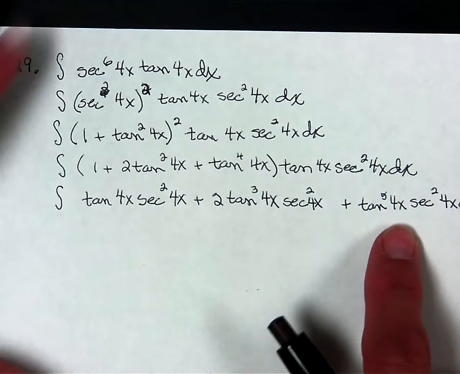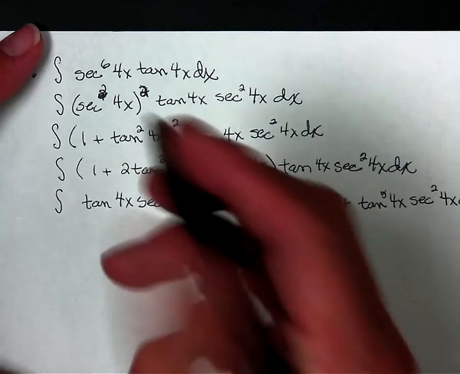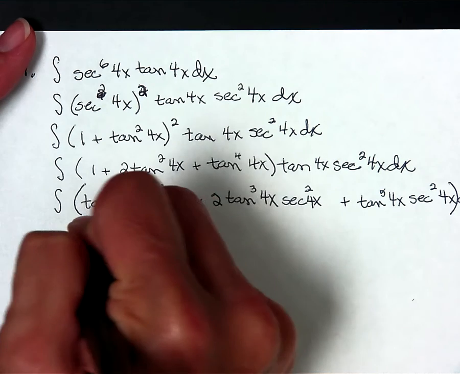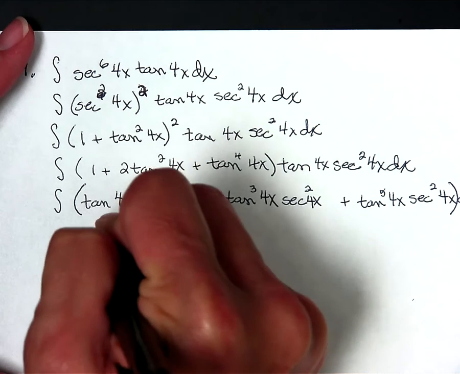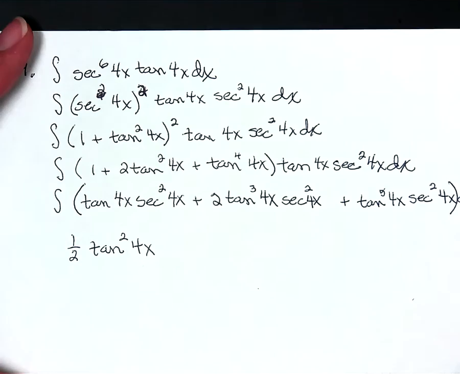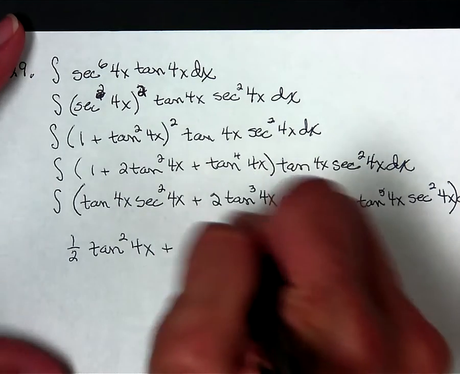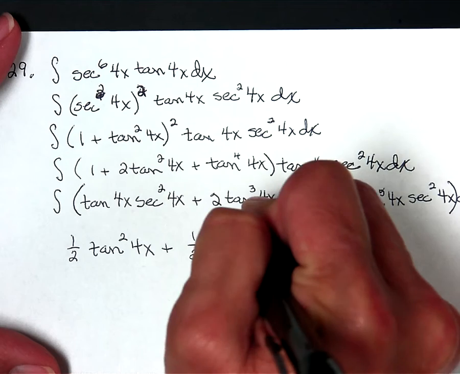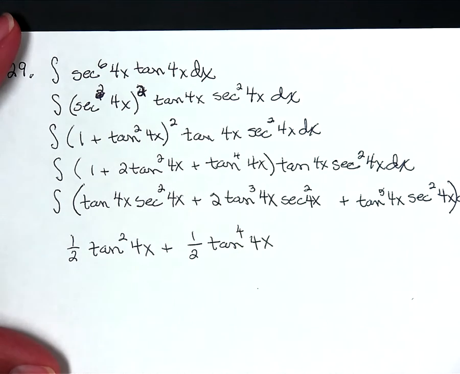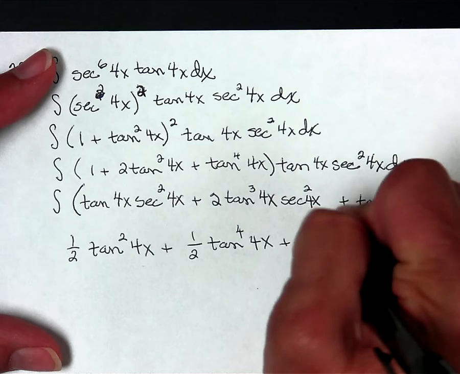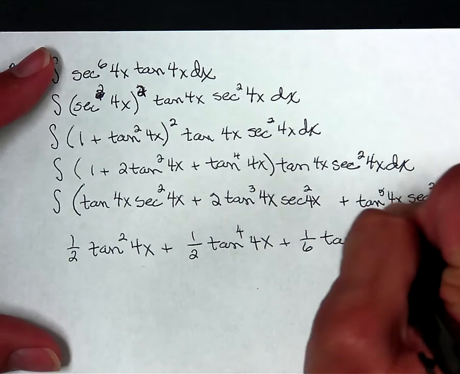Yes? So this first term would be 1/2 tangent squared 4x, and the next term is going to be 1/2 tangent to the fourth 4x, and the last term is going to be 1/6 tangent to the sixth 4x.